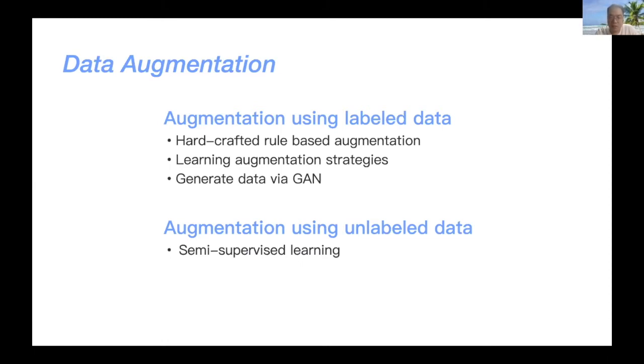Then I select those unlabeled data that fall close to the decision boundaries. Then I can introduce crowdsourcing to get the labels of those unlabeled data and append them to our training data set. And that boosts the overall performance.